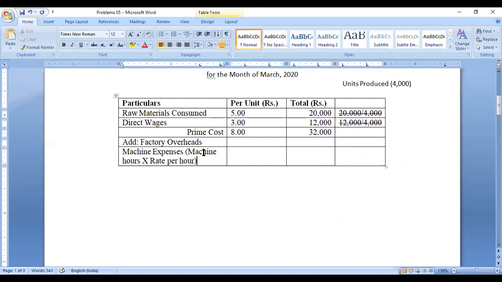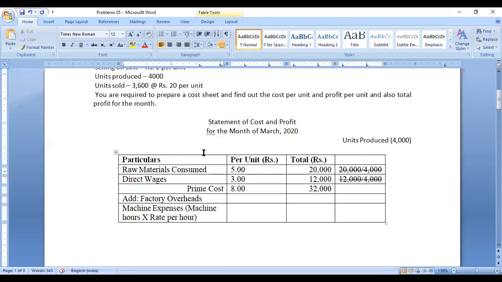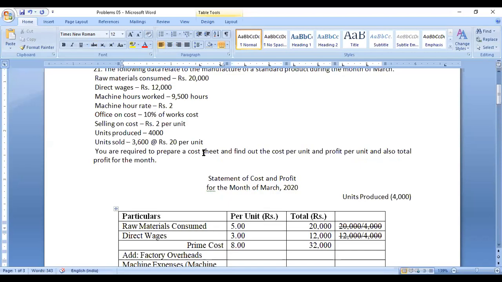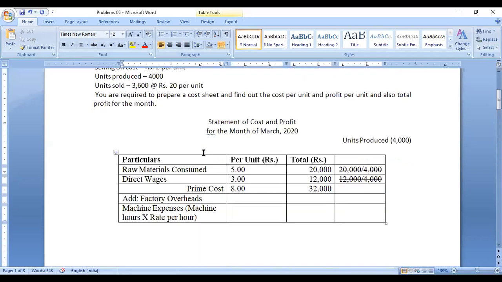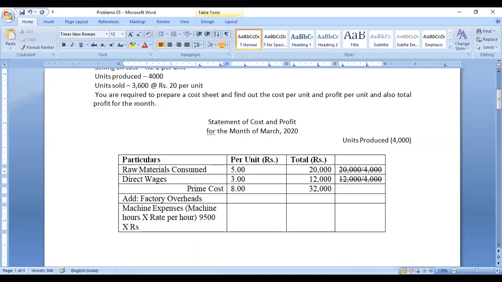Machine hours are 9,500, and the machine hour rate is 2 rupees. So 9,500 hours multiplied by 2 rupees. That amount is a total of 19,000.